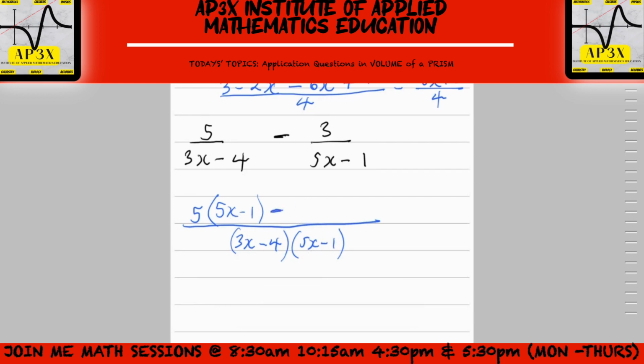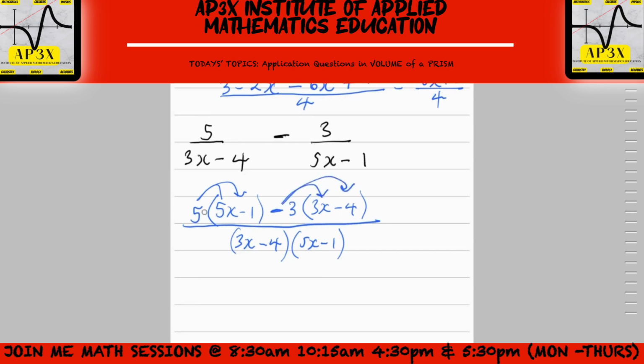Minus, then 5x minus 1 cancels 5x minus 1, leaving us with 3x minus 4. Remember that goes last because the 3 comes down, and 3x minus 4 goes into the bracket. Then say here, 5 times 5x, 5 times minus 1, minus 3 times 3x, minus 3 times 4.